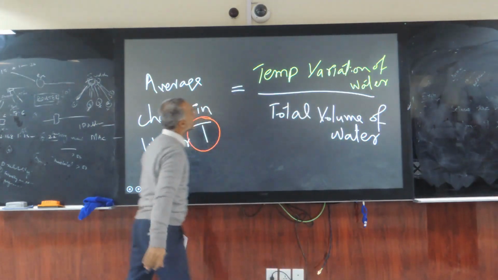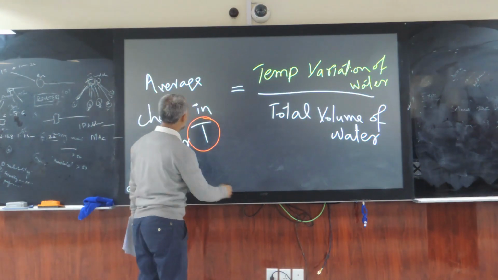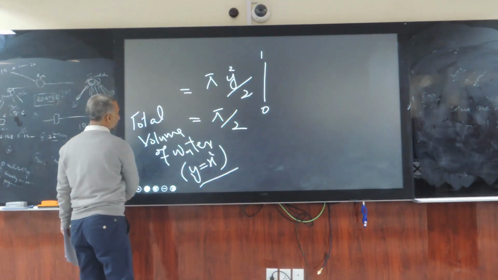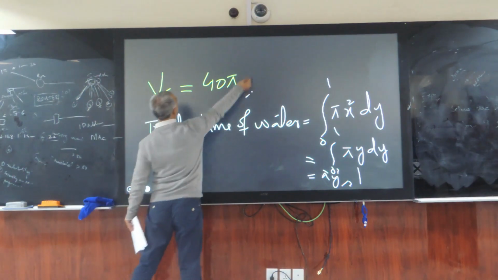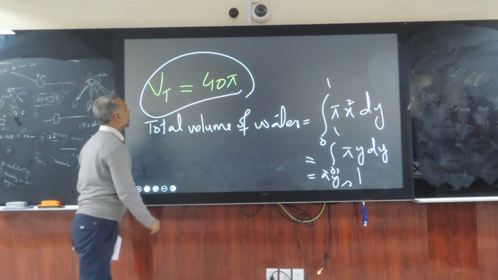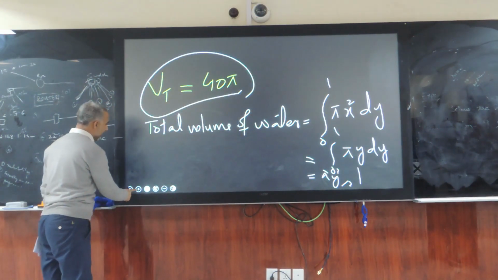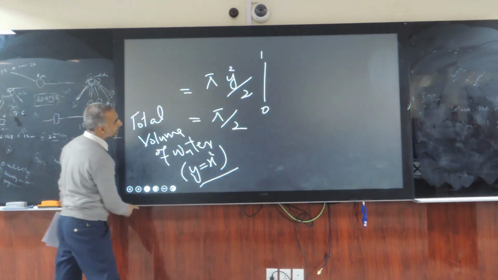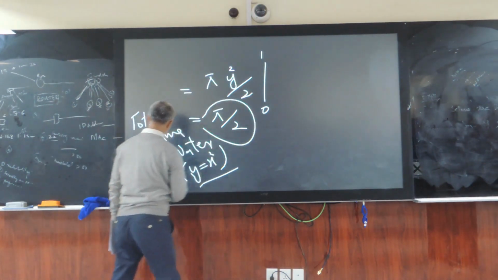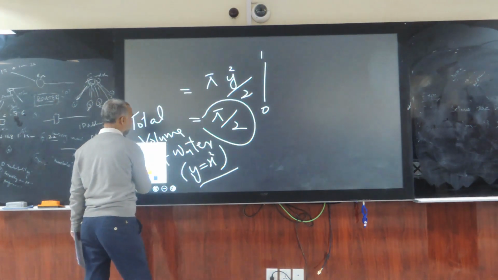We know the temperature variation of water equals 40 pi, and the total volume of water is pi over 2.